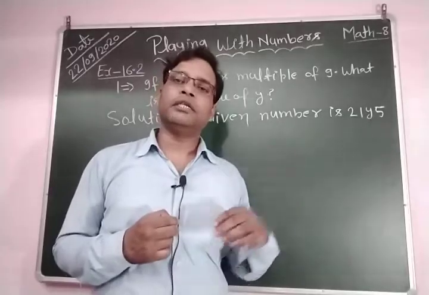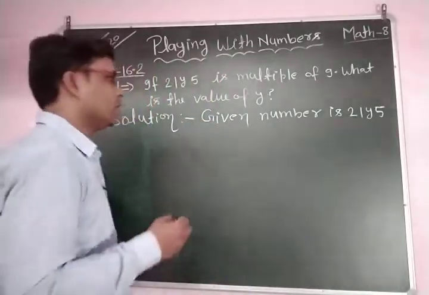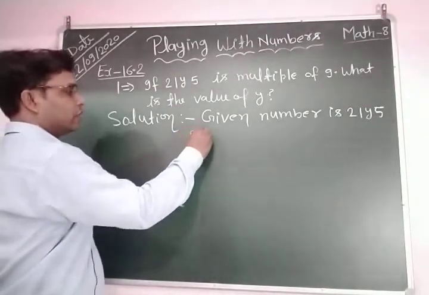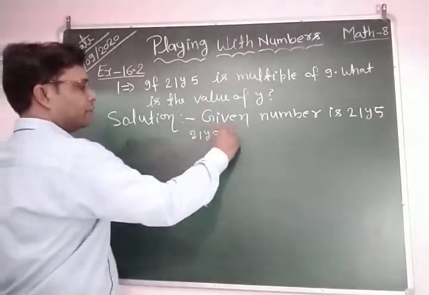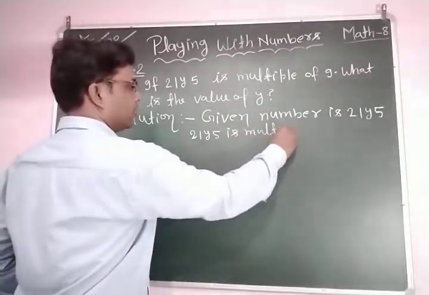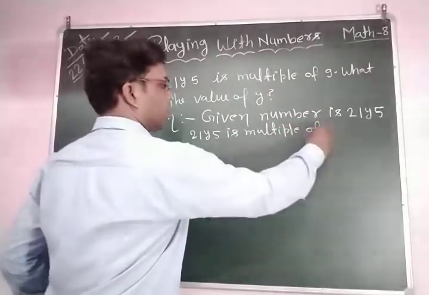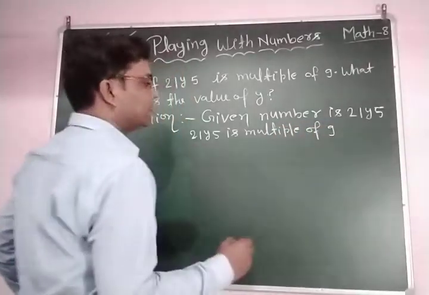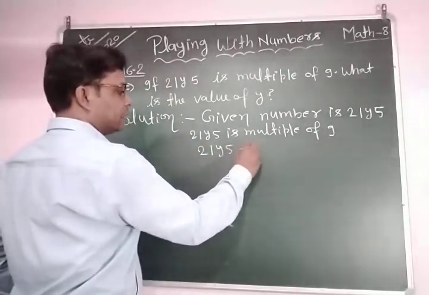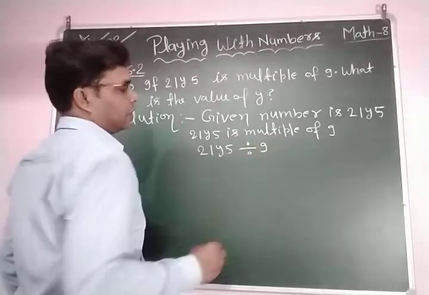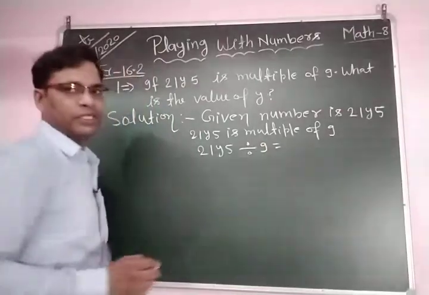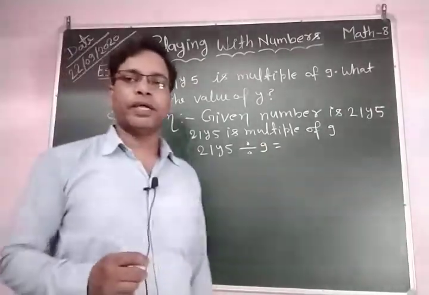It means that 9 divides 21y5. This implies that 21y5 is a multiple of 9, it means that 21y5 is divisible by 9, then we obtain some quotient. But here we need to find the value of y.